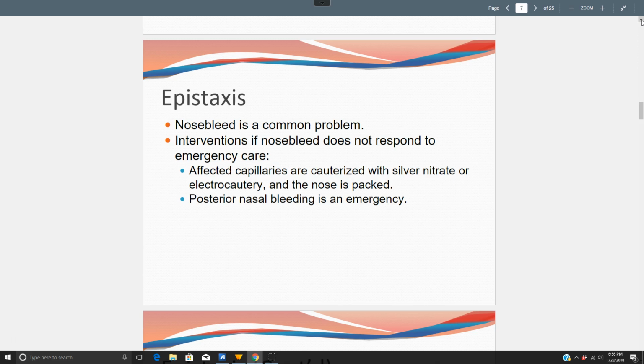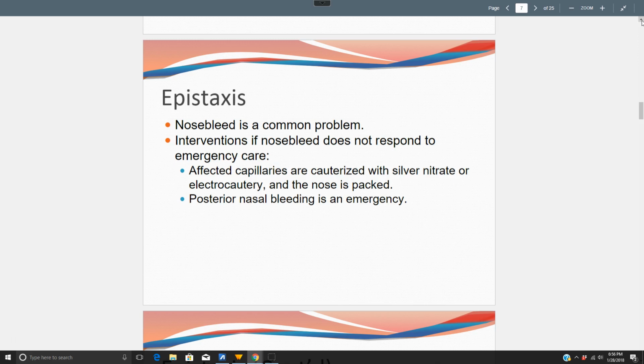We may also want to think about making sure that this is not a posterior nasal bleed, because if it is that, we may not be able to stop that, and as I said before, it cannot be easily reached, and the patient can lose a lot of blood quickly.